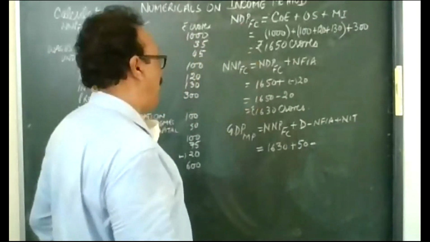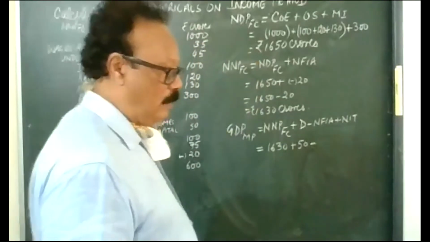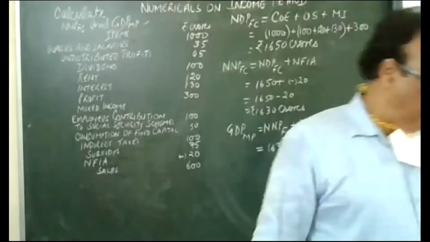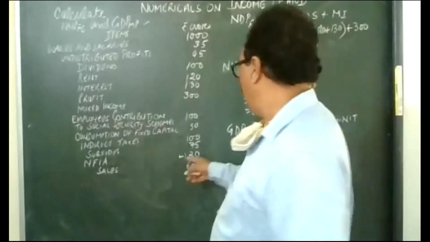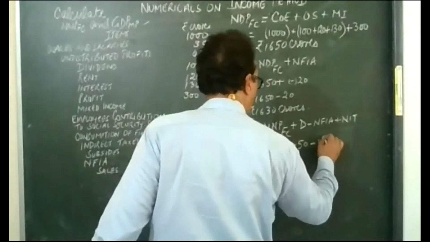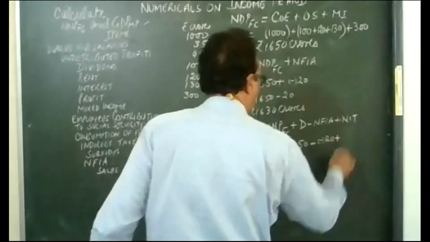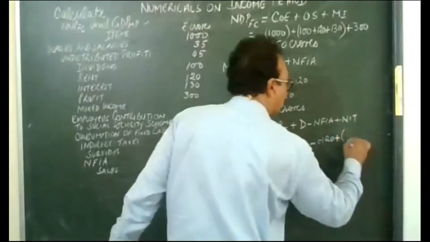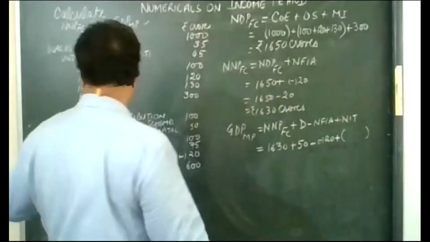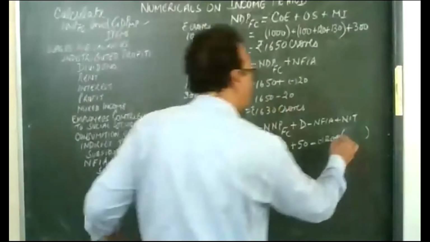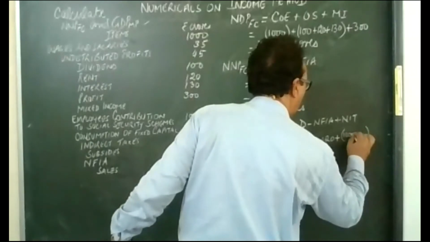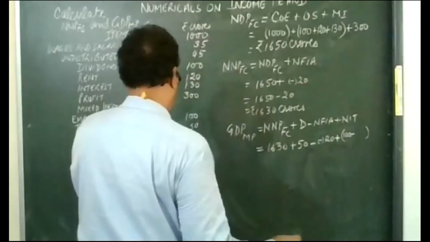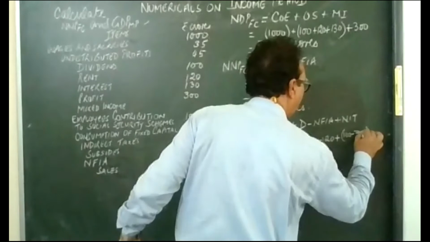Minus net factor income from abroad, which is given as minus 20. Plus net indirect taxes, which is indirect taxes minus subsidies. So indirect taxes is 100 minus 75.